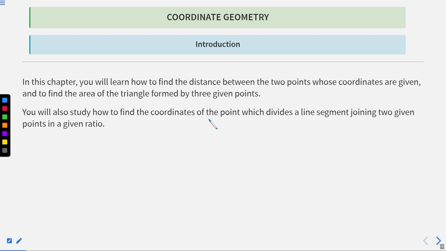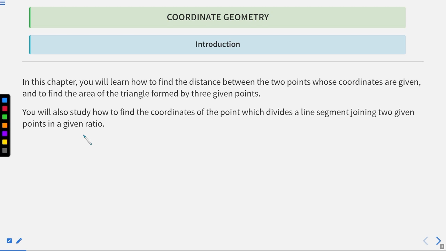So the motive of this lecture is to learn these. You will also study how to find the coordinates of the point which divides a line segment joining two given points in a given ratio.